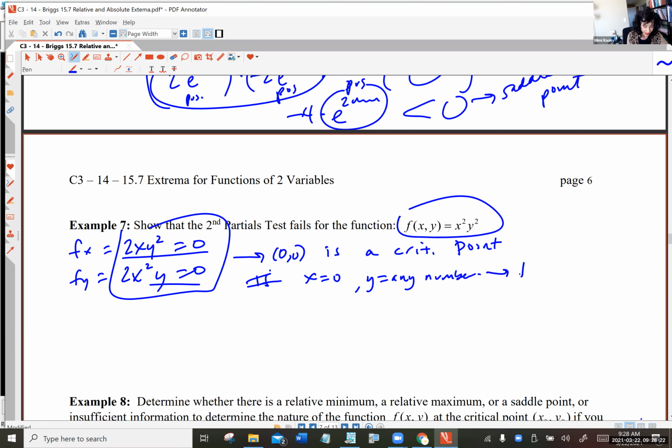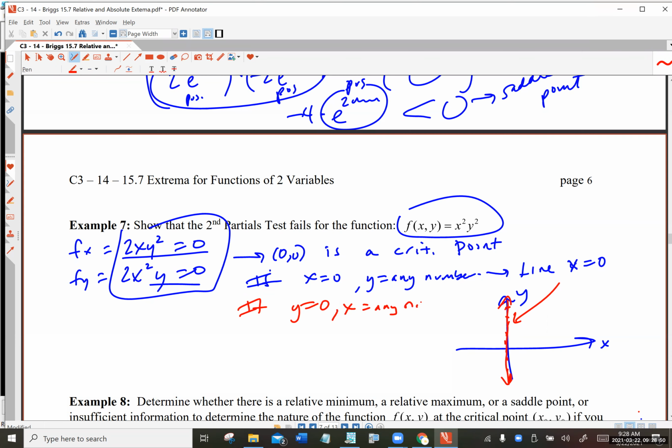So the line x equals 0, which is basically the y-axis, all of the points that live on the y-axis, and there are infinitely many of them, are all critical points. And then further, if y is equal to 0 and x is equal to anything that you want, you also have more critical points. So this line right here has more critical points. So there's a lot of critical points.